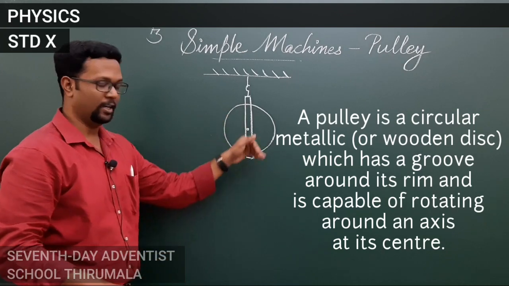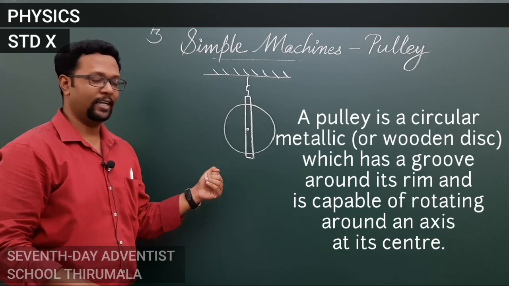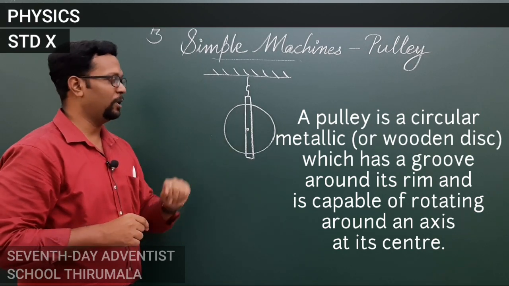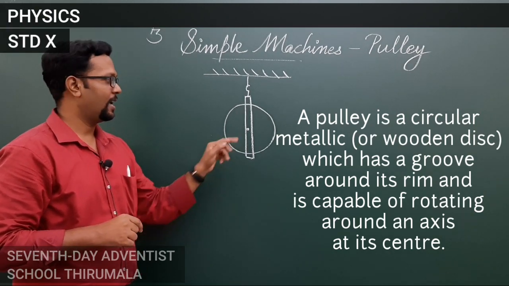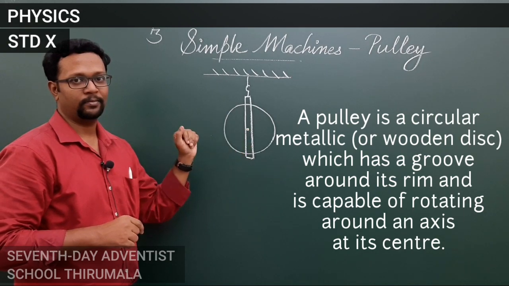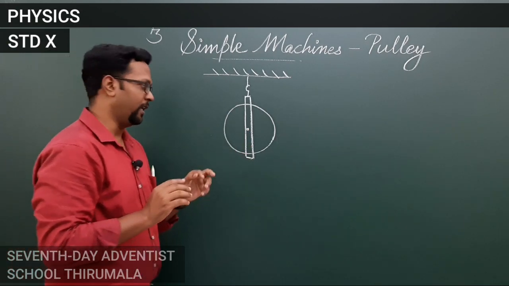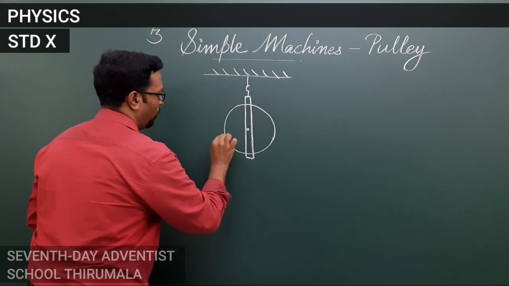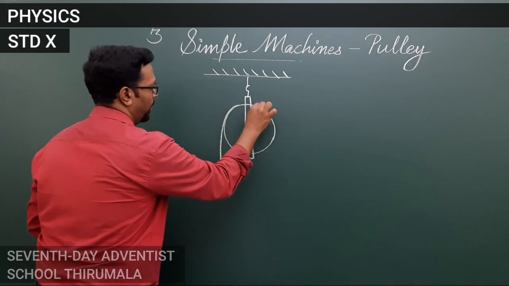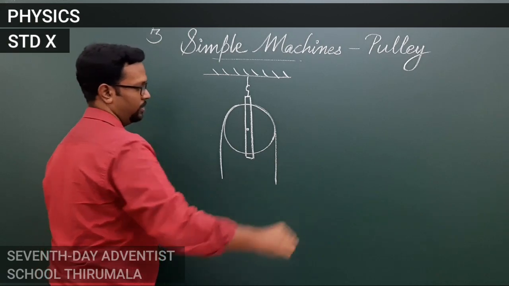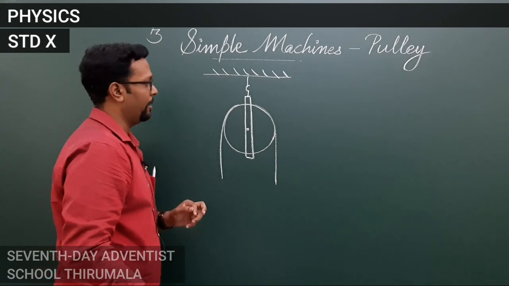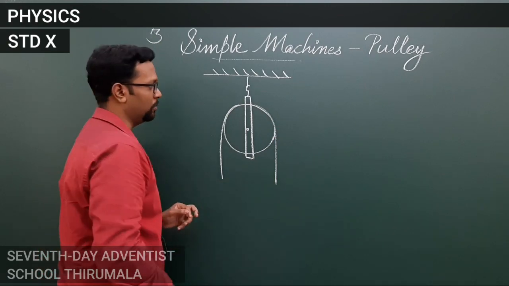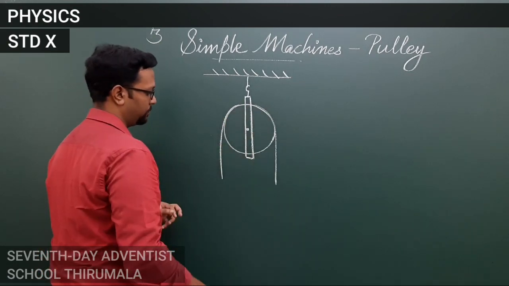A pulley is a circular metallic or wooden disc which has a groove around its rim and which is able to rotate around an axis. We make use of a pulley by making a rope or a string run around the groove along its rim.